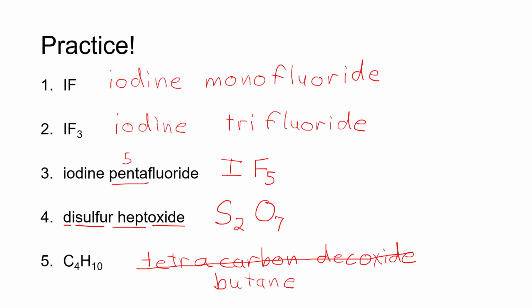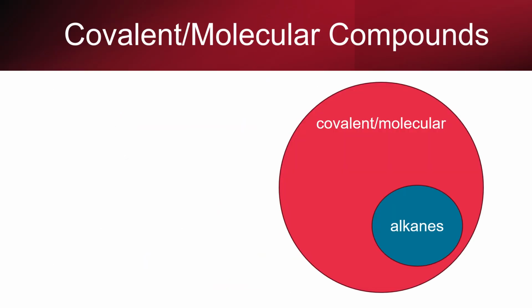Remember, those first 4 alkane prefixes are meth, eth, prop, and but, and then starting with 5, they sound like numbers, pent. All right, one last slide. Just wanted to point out that yes, alkanes are covalent or molecular compounds because alkanes are made up of carbons and hydrogens in the pattern of CnH2n+2.